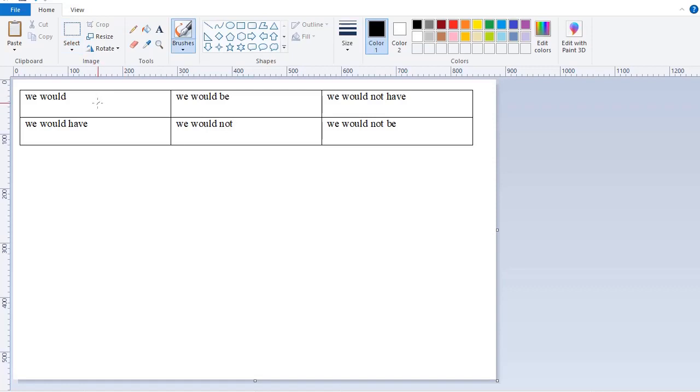Next, we would. So, "would" is represented by your D stroke, dog. Okay, so we have "we", and then "would". Next, we have we would have. We, and then would, and then have. Next, we would be. We have "we", "would be". We would not. So we have we and then would and then not.